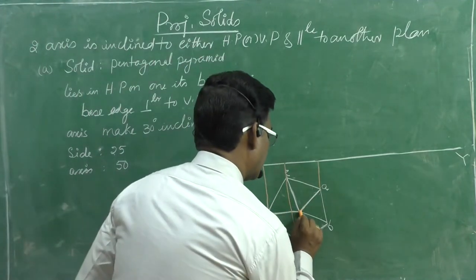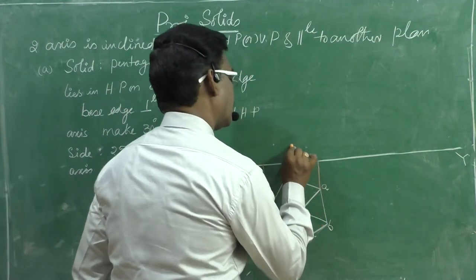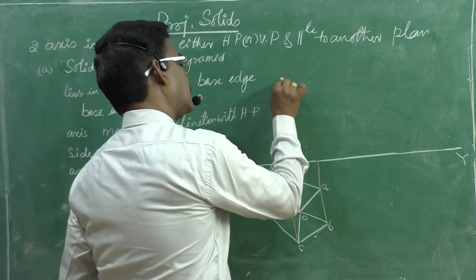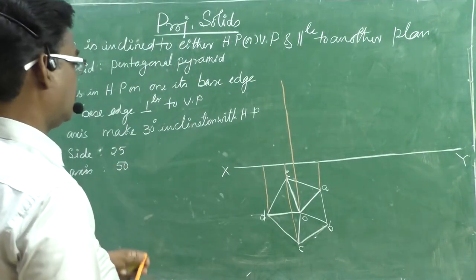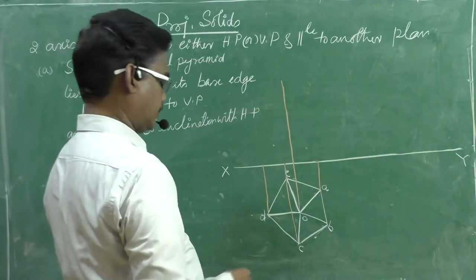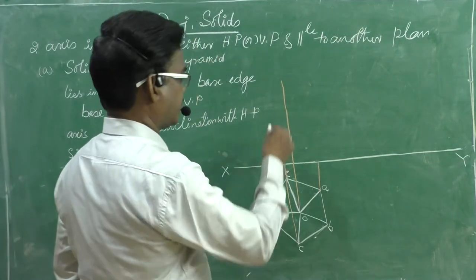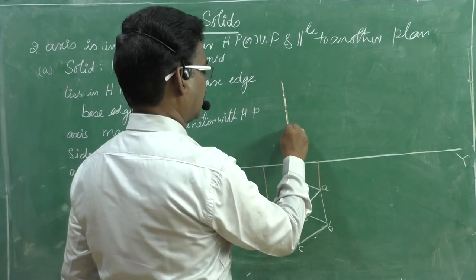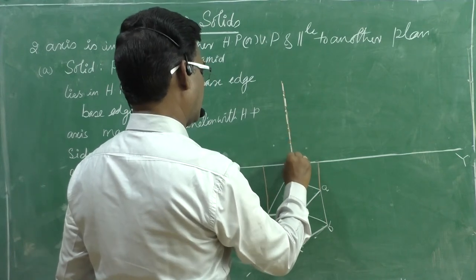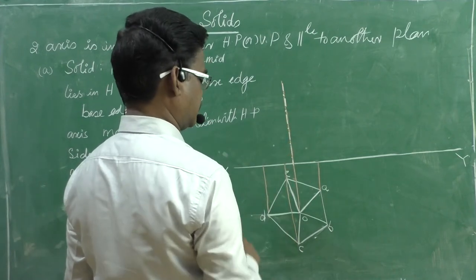After that, project the axis also. Now axis height equal to 50 mm. Let it be 50. And the axis is drawn with long line, dot, long line, dot. Okay, this is the representation.